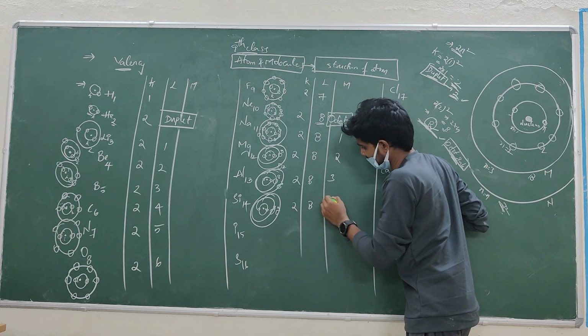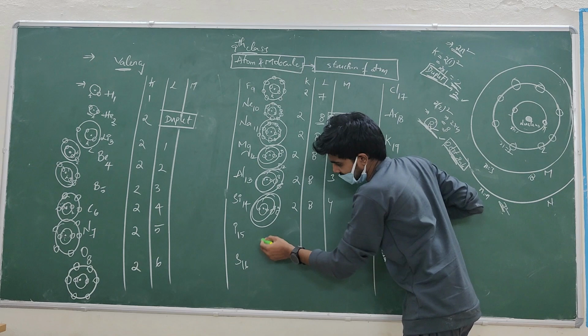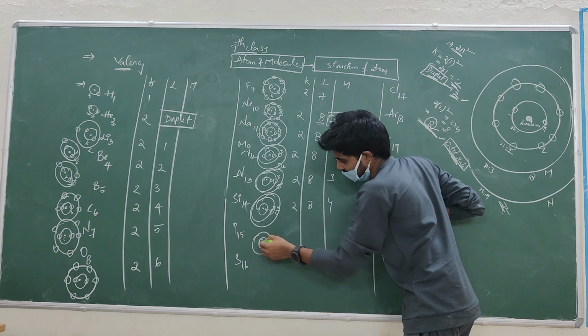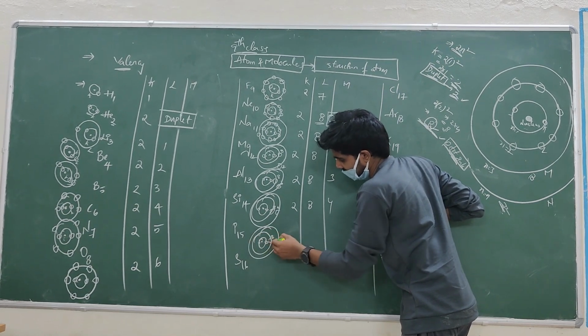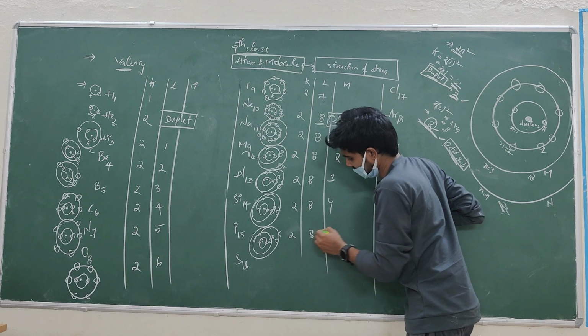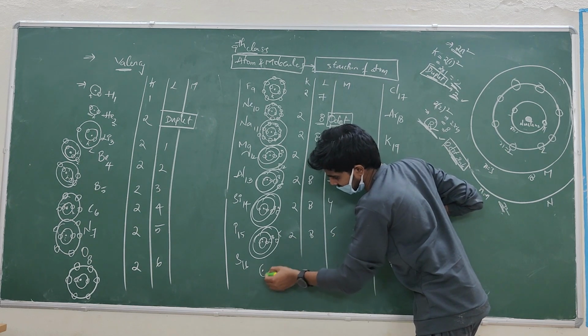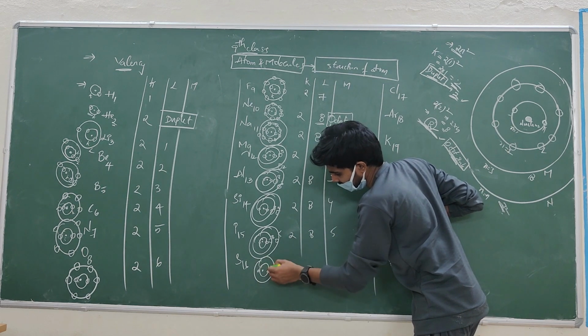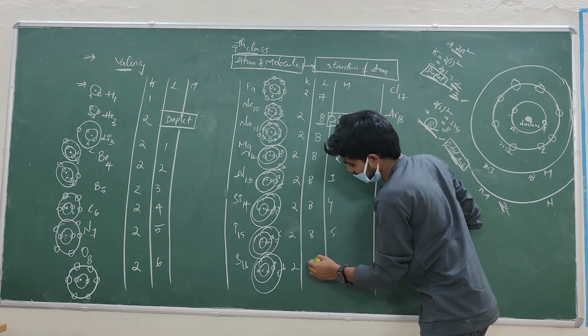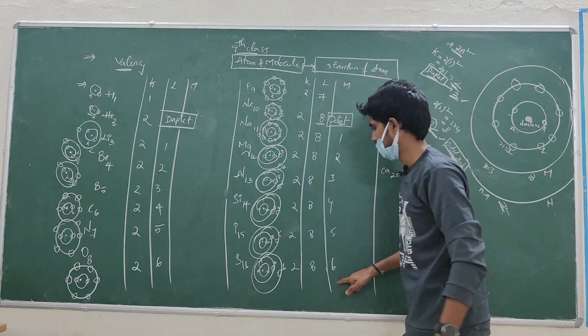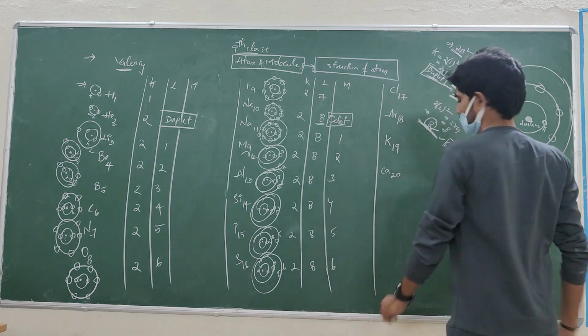Next, phosphorus is 2, 8, 5. And coming to sulfur, 2, 8, 6 electrons here. As the atomic number goes on, the electrons keep being added.